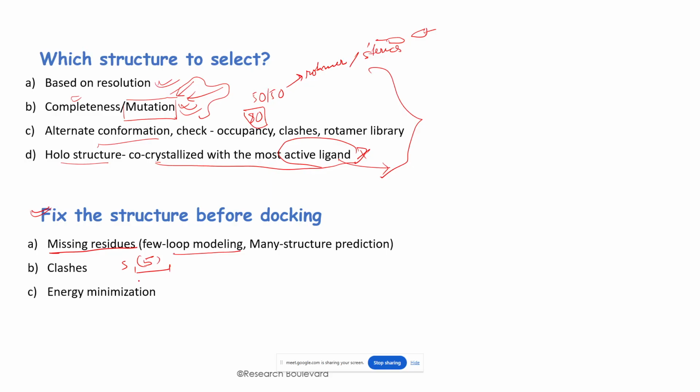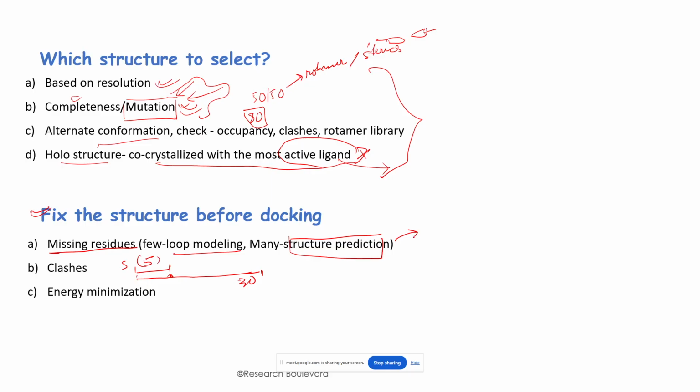Okay, so you can insert the structure. Otherwise, if too many residues are missing, let's say 25 or 30 amino acid residues, then it's better to predict the whole structure.